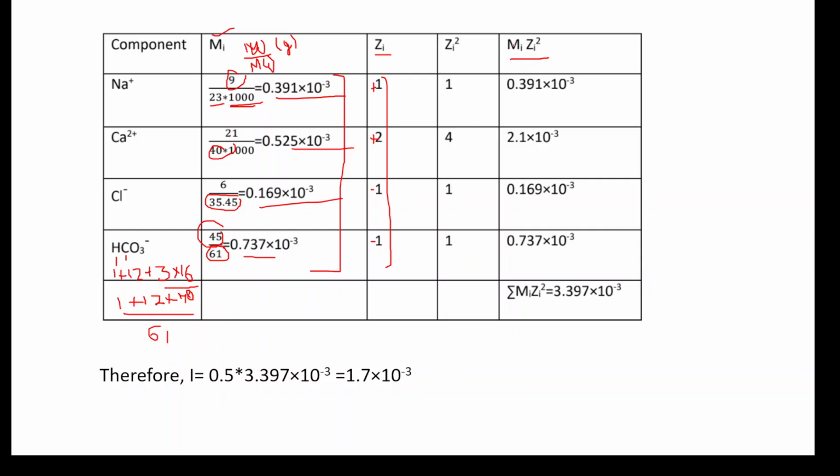Now we multiply the molar concentration by the square of the charges and sum it up, which gives us one part of the ionic strength. Then we multiply it by 0.5 and we get the ionic strength. Please note this down.